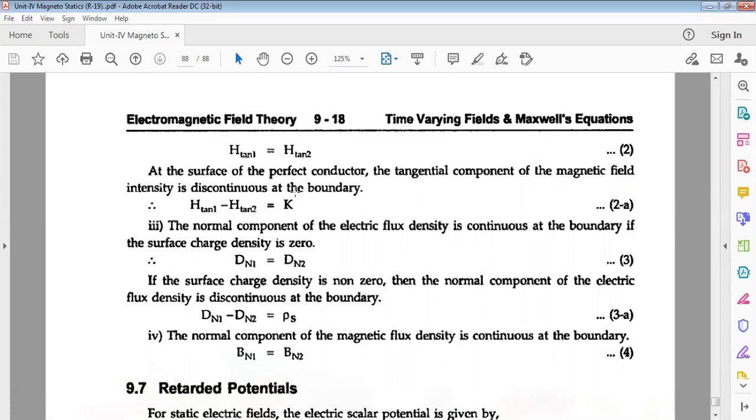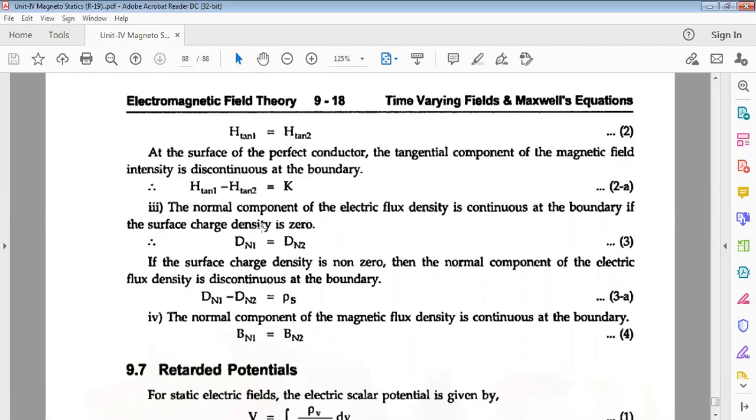And if it is discontinuous for the magnetic field, K is not 0, H tan 1 minus H tan 2 is equal to K. For the normal components, continuous: Dn1 is equal to Dn2 for electric flux, and for non-zero rho s, Dn1 minus Dn2 is equal to rho s, which is discontinuous. The normal component of the magnetic flux density is continuous, Bn1 is equal to Bn2.